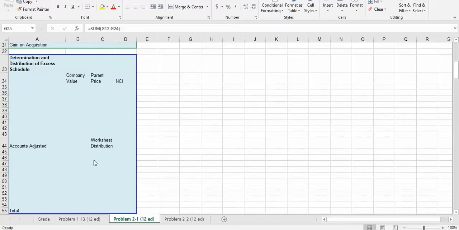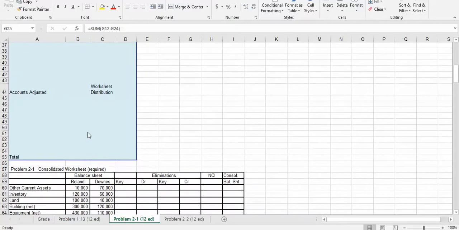I said goodwill, but it's the goodwill after you adjust all your assets up. So you get your price paid over the equity, and then distribute to the different assets, and then the rest is the goodwill. So hopefully that explains that.